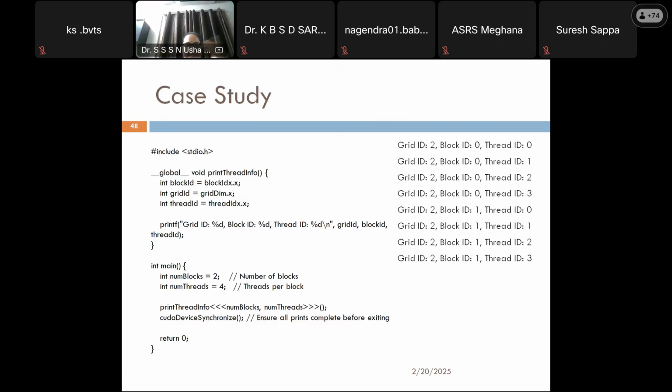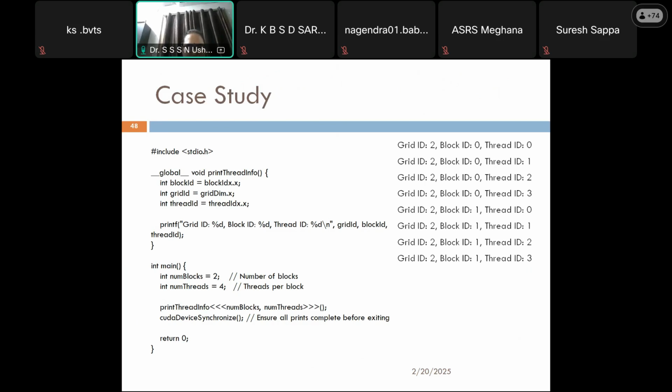Here, in this example, just observe this sample CUDA program where you can display the block and thread IDs. This is the structure. #include <stdio.h> consists of the printf statement, so I'm using C here. I will show you how to compile and run the program also.